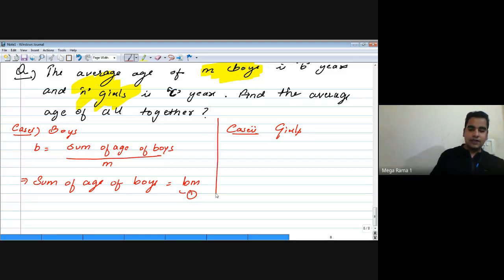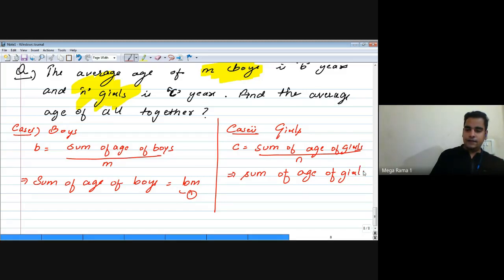The same concept we are going to apply in this case too. The average age of N girls is C years. That means C is equal to the sum of age of girls divided by total number of girls, which is equal to N. So from here I can get the sum of age of girls. Clear? Sum of age of girls is CN.